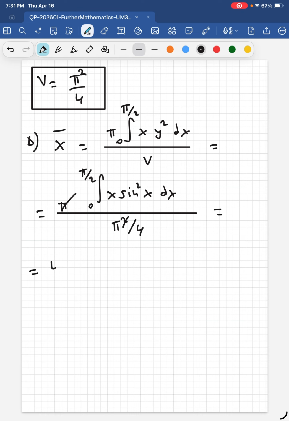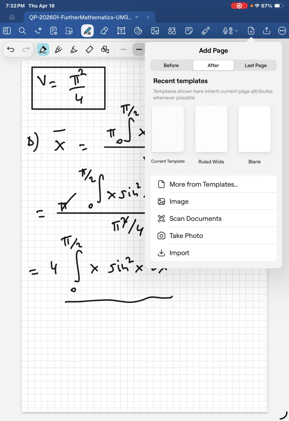So we have 4 times the integral from 0 to pi over 2 of x sine squared x dx. And if you reach my age, you just stick this into Mathematica and it spits out the answer in a second. But unfortunately, you have to prove it. So let's take this integral and calculate it in a clean page.